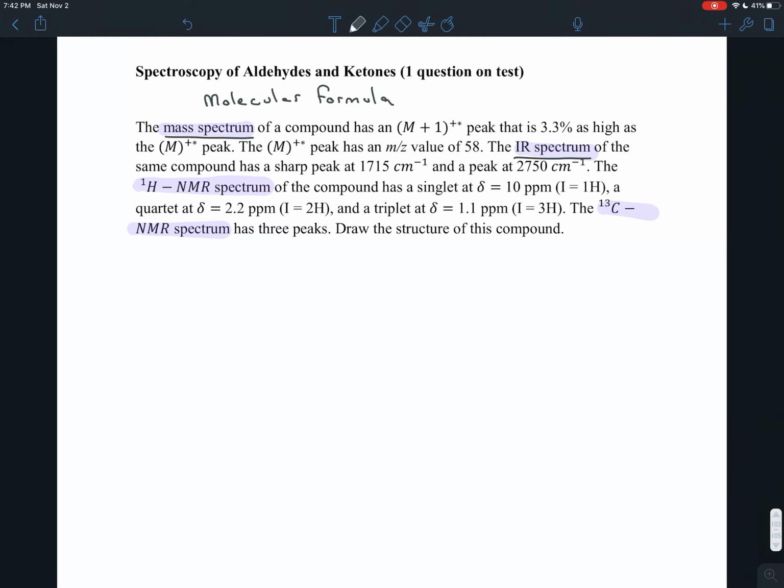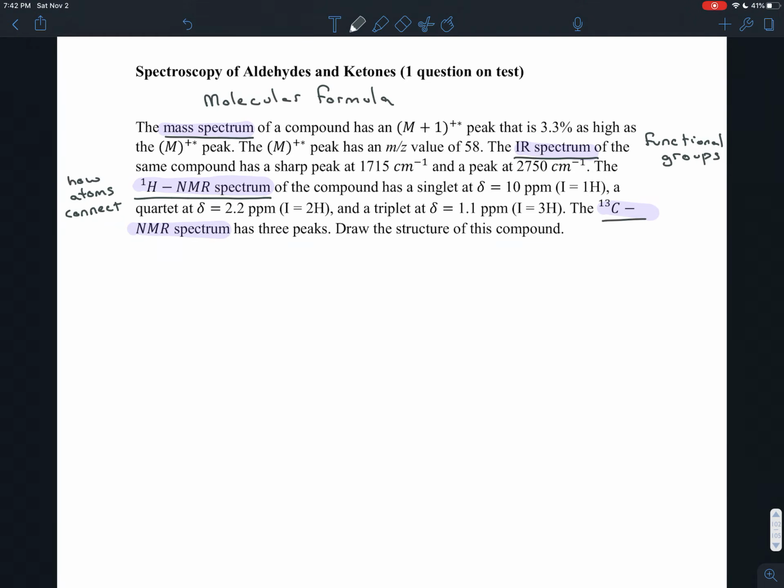The IR spectrum tells you about functional groups: aldehydes, ketones, alcohols, carboxylic acids. The proton NMR spectrum tells you about how atoms connect. Specifically, it tells you the different types of electronic environments that hydrogens are in.